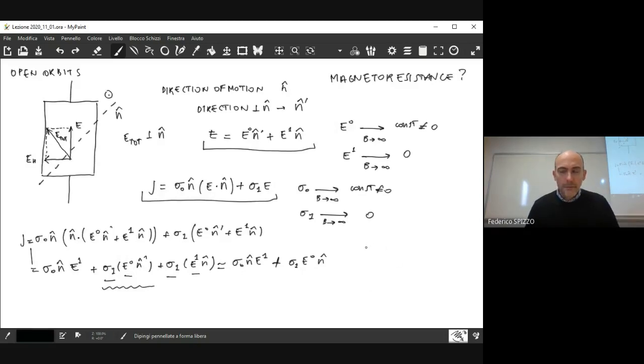So if we want to express the resistivity, we have that E is equal to the resistivity times the density current.